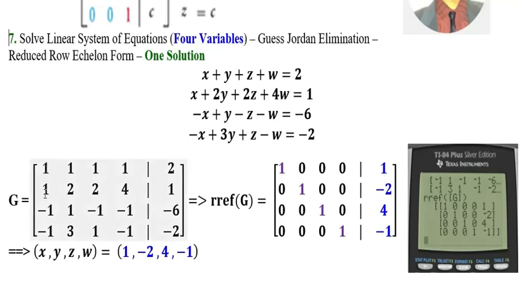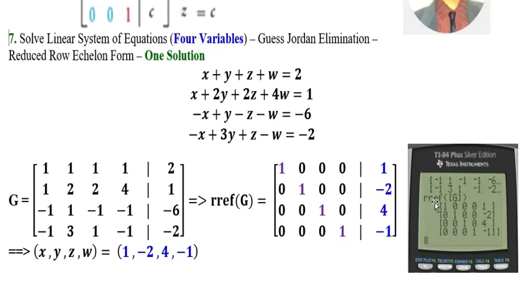It is 1, 1, minus 1, minus 1, 1, 2, 1, 3, 1, 2, minus 1, 1, 1, 4, minus 1, minus 1, augmented with 2, 1, minus 6, minus 2.